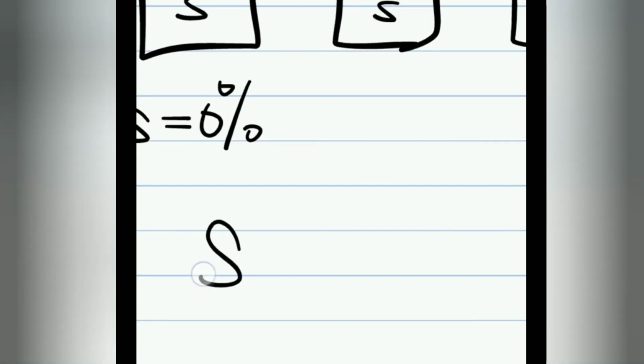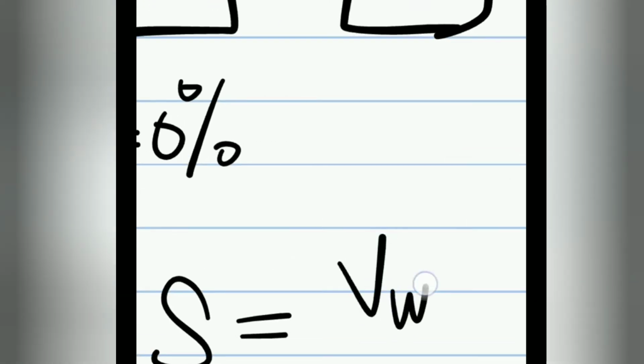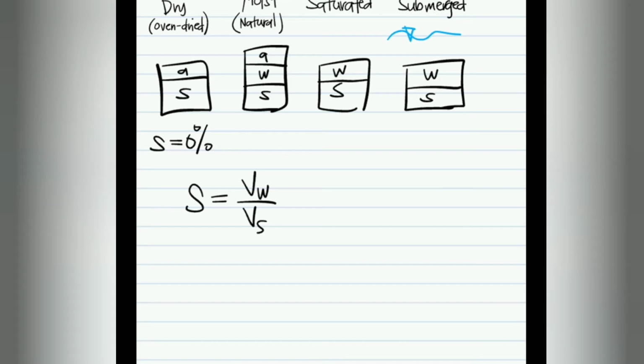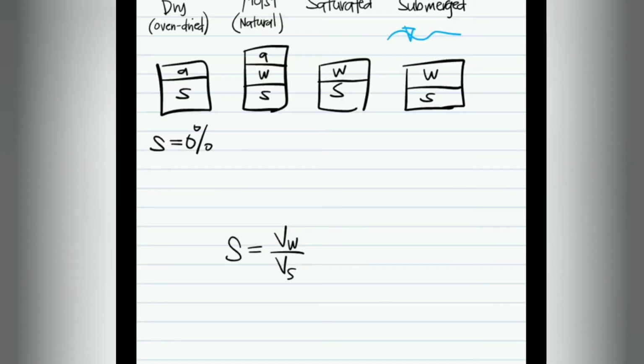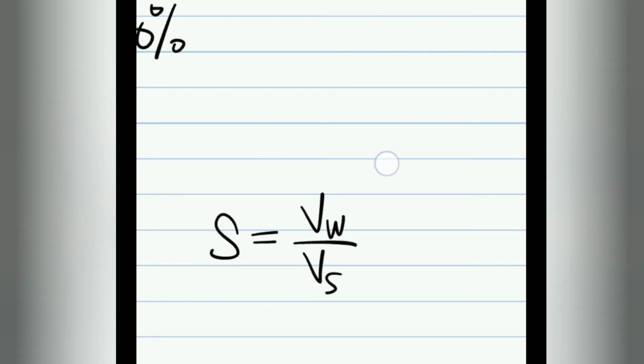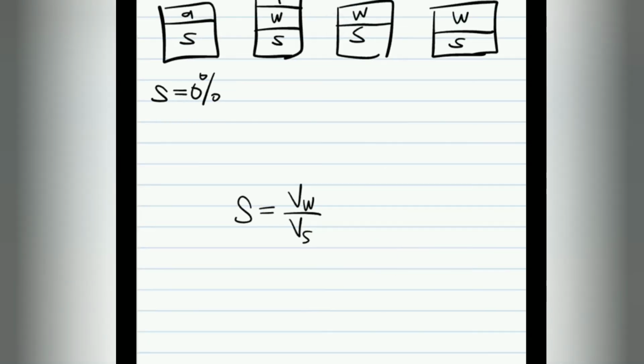So, the degree of saturation, denoted as S, is the volume of water in comparison to the volume of solid, right? So, when you completely remove the water phase in your moist sample, what will happen to the volume of water? You remove it, so it becomes 0. That's why you have 0% saturation on your dry category soil, the oven dried soil.